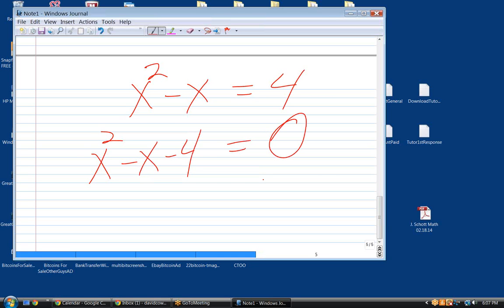This clearly does not factor. If you factor enough, you'll recognize what does and does not factor. So I wouldn't spend any time trying to factor that, and I would go straight into the quadratic formula to solve it.